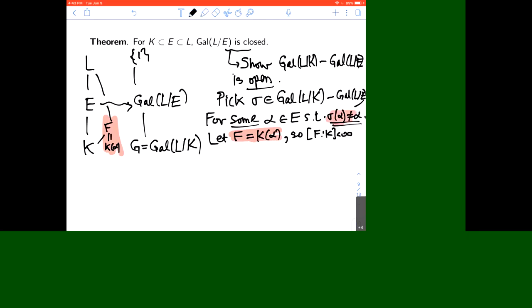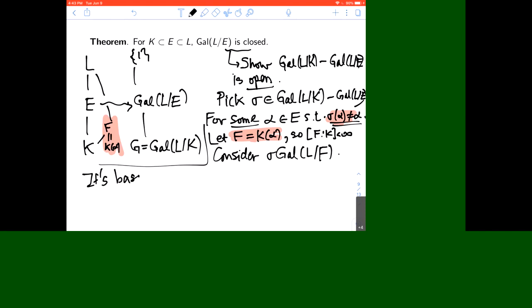All right, so it has nothing to do with E. So we have a finite extension, and now let's think about this coset.